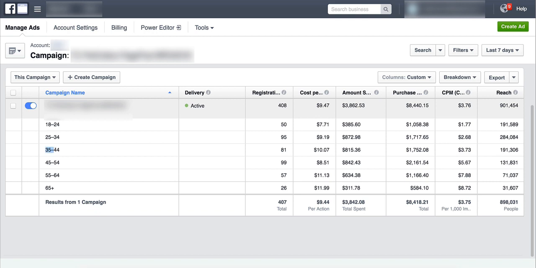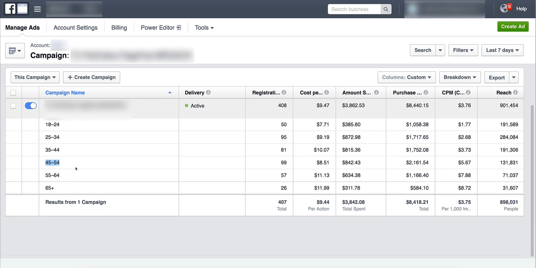So let's eliminate the three worst converting age groups, which would be 35 to 44, 55 to 64, and 65 plus. But see, there's this golden nugget right here that you would never know about unless you split tested it out. Then you can go in, shut down your losers, right? And leave yourself with the three winners. And your campaign goes from a negative to a positive, or a break even to a positive.